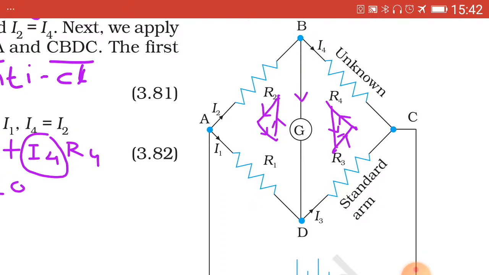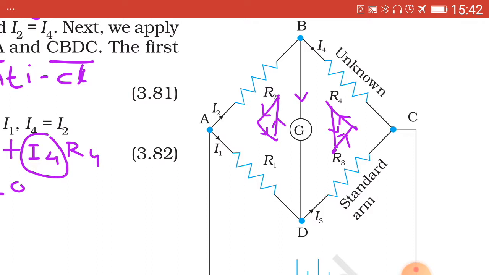I have drawn another loop with purple color. In the given figure, if the black arrow and the purple arrow are in the same direction, then it will be a minus sign, and if in the opposite direction, then it will be a plus sign, which will make it easier for you.